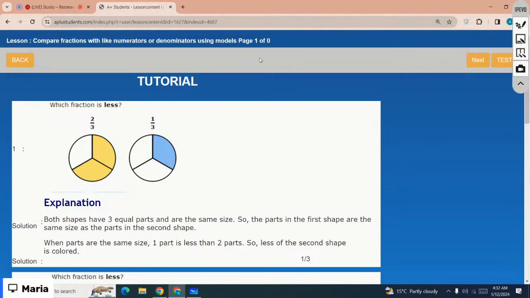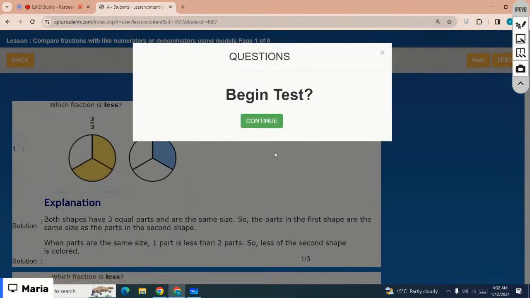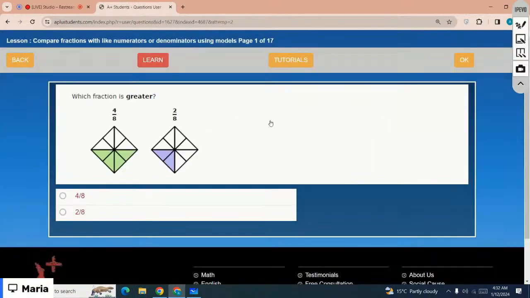Let's just start with the test questions. Okay, what fraction is greater? 4 over 8, 2 over 8, which is the correct option?